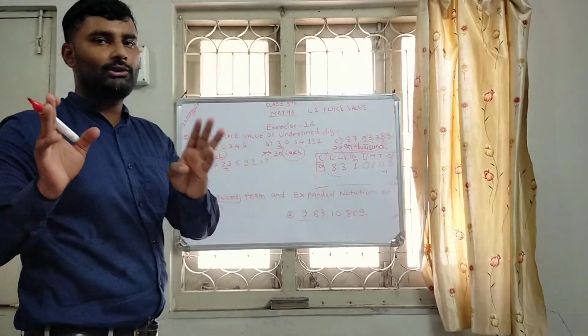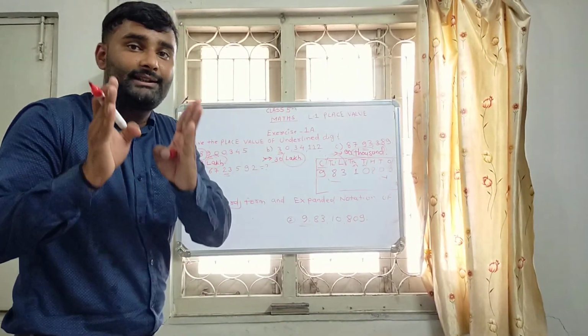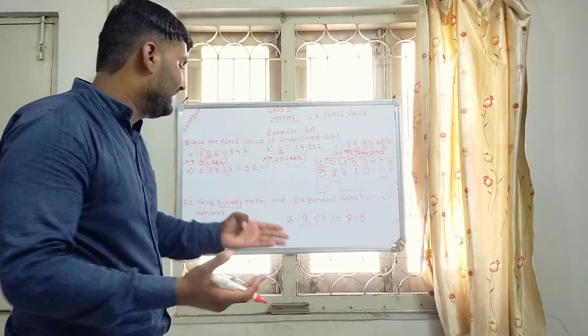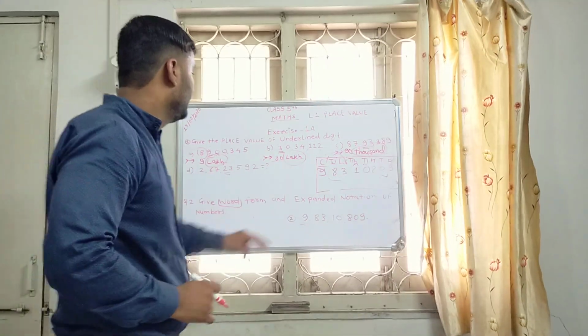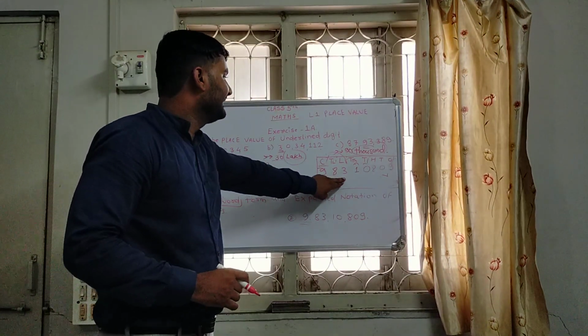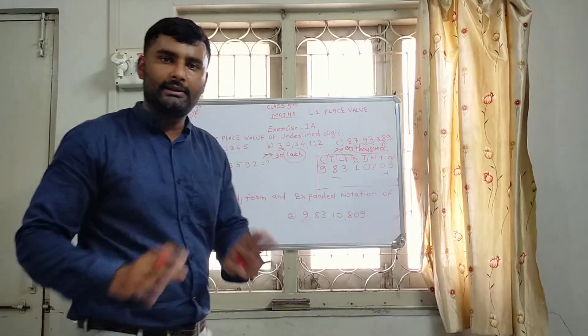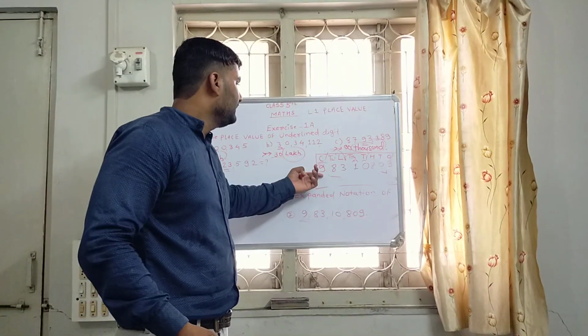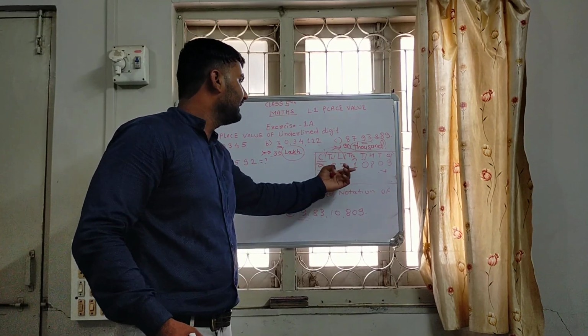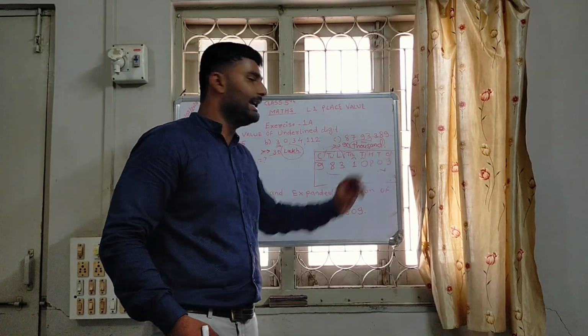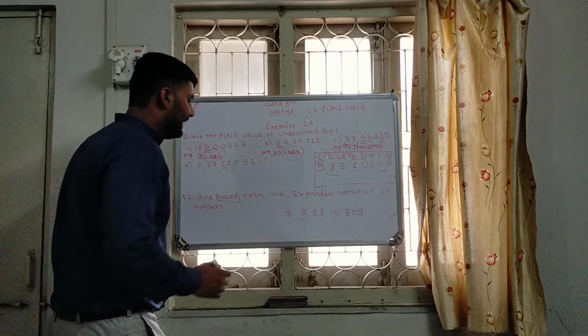So now we are going to write the number in words form as I have written there. 9 crore 83 lakh 10,809. 9 crore 83 lakh 10,809.